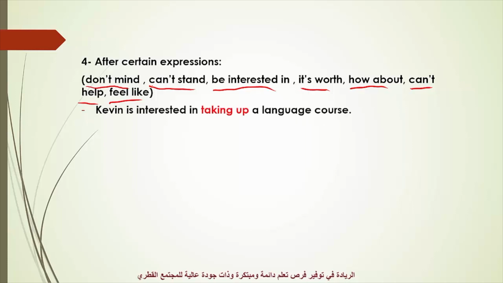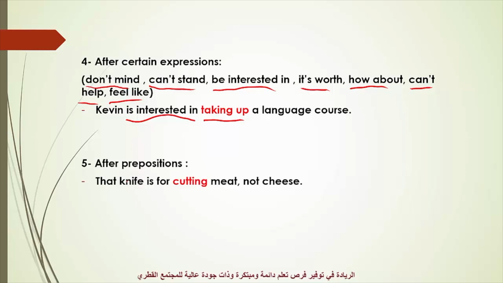Look at this example. Kevin is interested in taking up a language course. So interested in is an expression which is followed by taking up. Finally, we use the gerund after prepositions. For example, that knife is for cutting meat, not cheese.